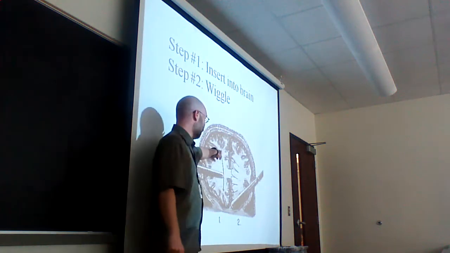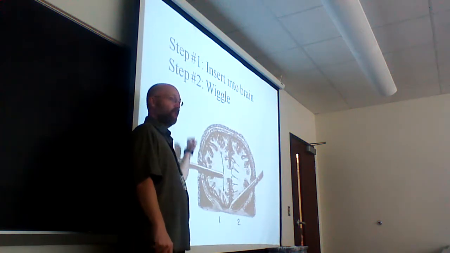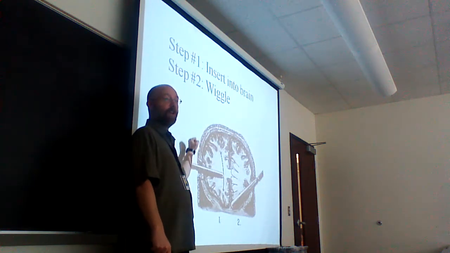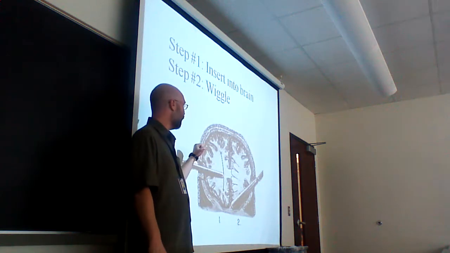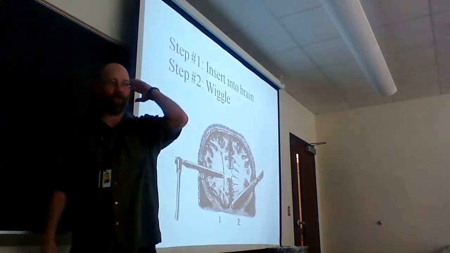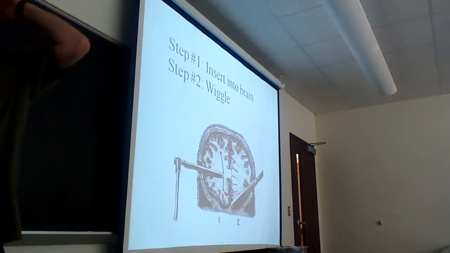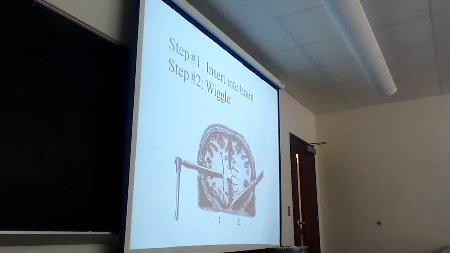And then, as it indicates, you wiggle it back and forth, in the process severing the axons that connect the front of the brain to the rest of it. That seems a little barbaric to me, right? I'm okay with the stress when you get right down to it.